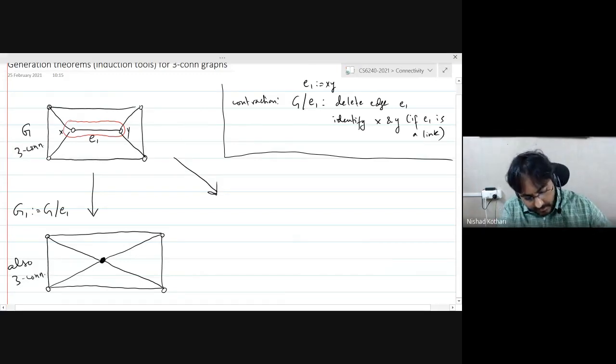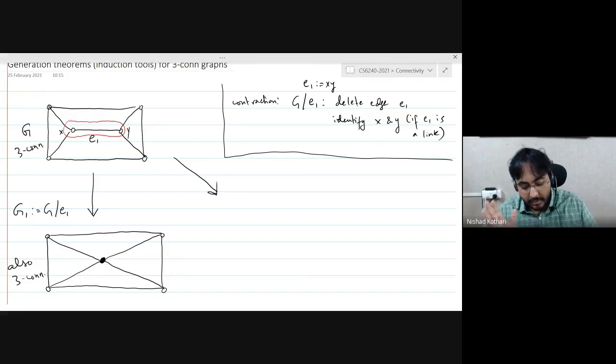If you observe this graph closely, this graph G, there are basically two kinds of edges. There are the two edges joining the two triangles, and then there are the six edges of the triangles. All other edges are one of these two types.